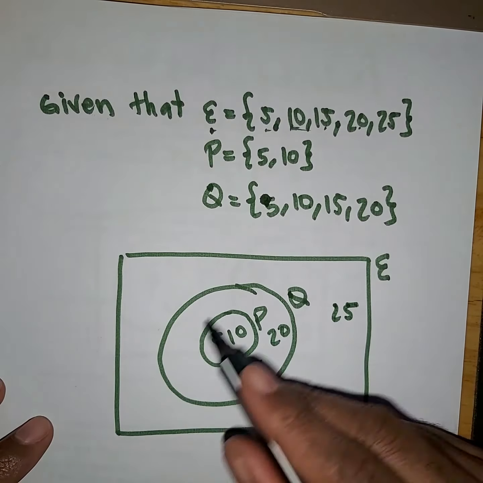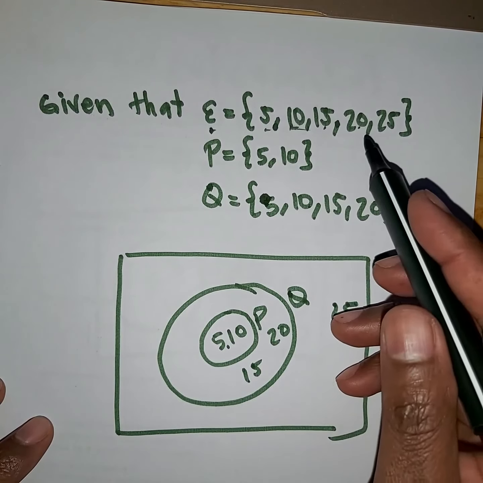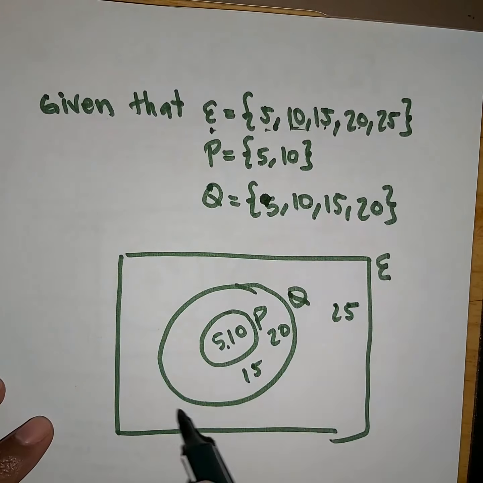So this is how you represent set P, set Q, and the universal set using a Venn diagram.